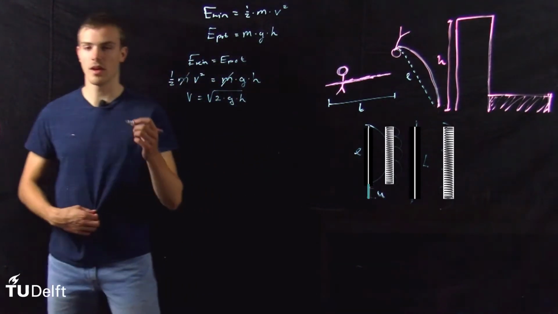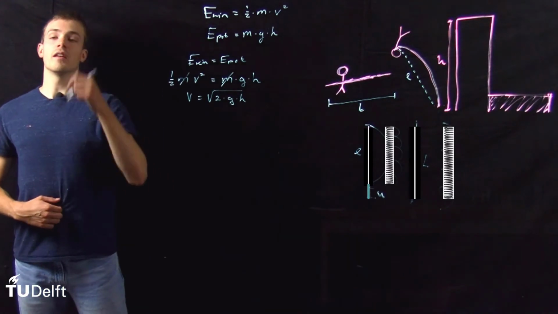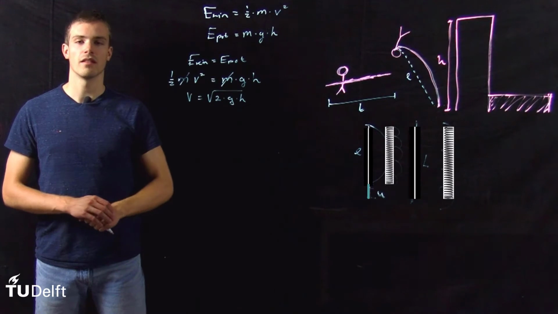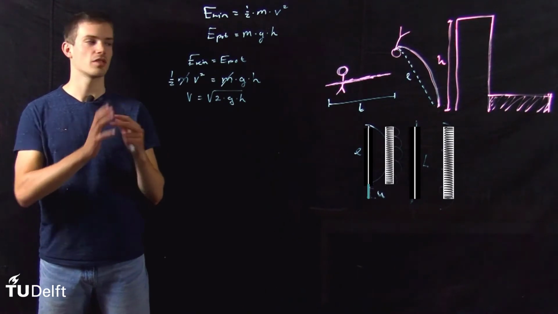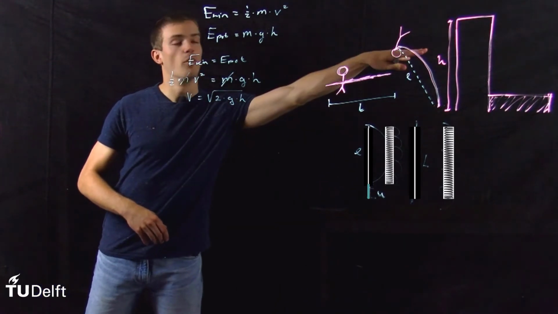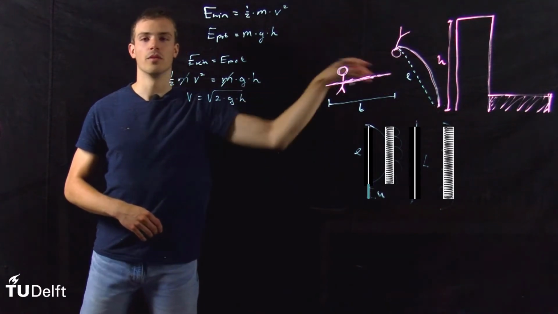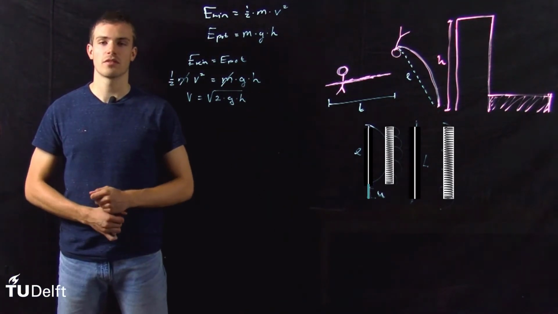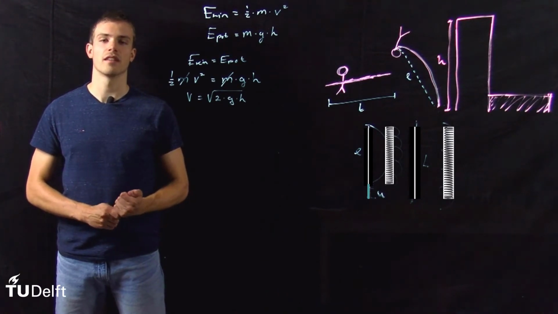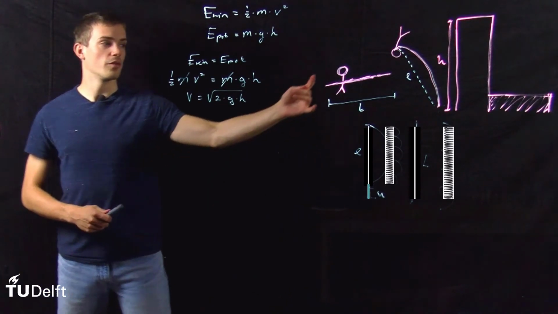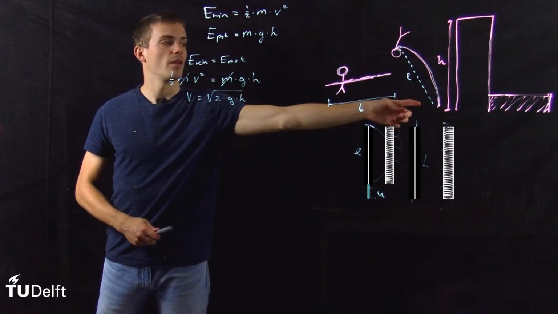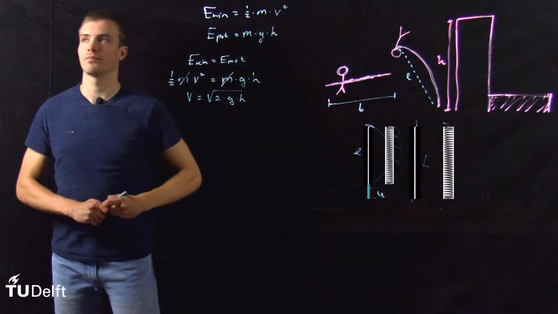If we write it in formula form, as we have seen in the previous exercise, there's still some kinetic energy which is used to come over the pole. So we don't have to forget that one, because we have seen in the previous exercise that we shouldn't forget the velocity of the pole vault jumper while the pole is compressed.